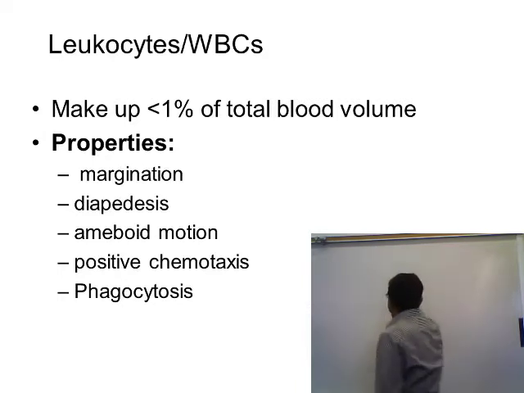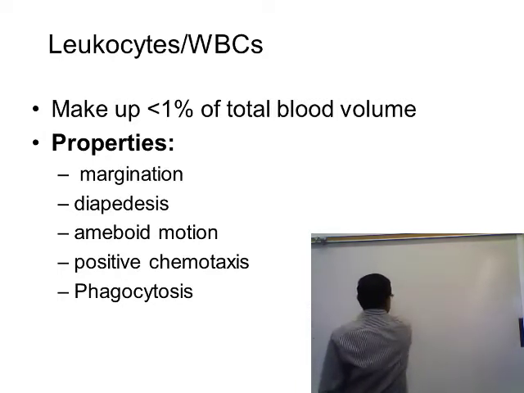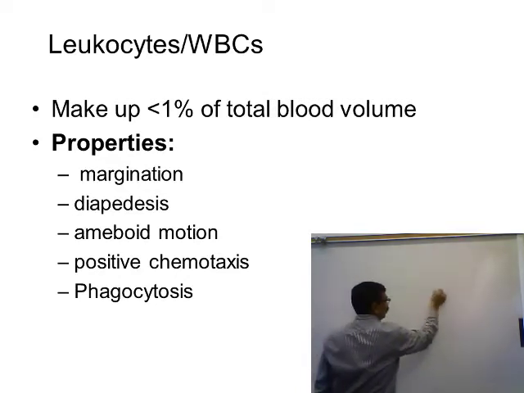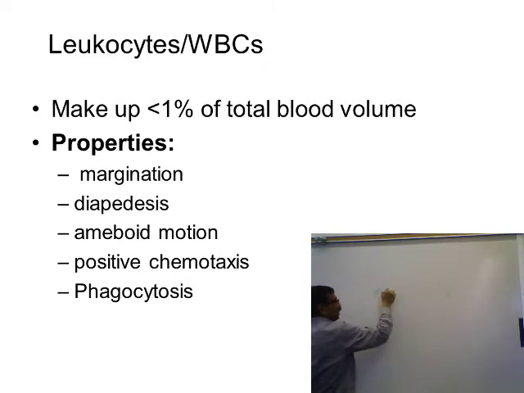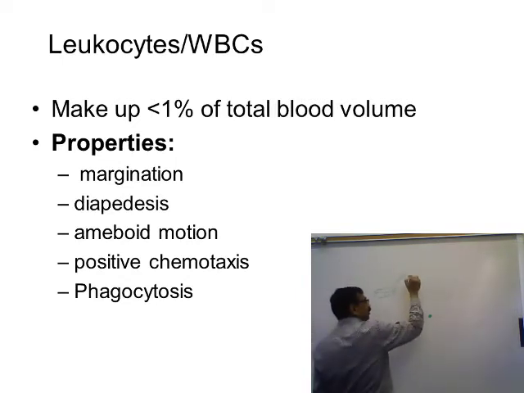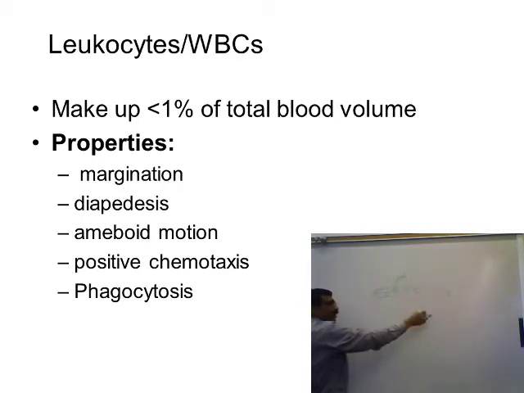So what is margination? This is the blood vessel. When the blood passes through the blood vessel, these are white blood cells. If there is any infection or inflammation around that blood vessel, these white blood cells can detect that and sense that something is going on around the blood vessel.